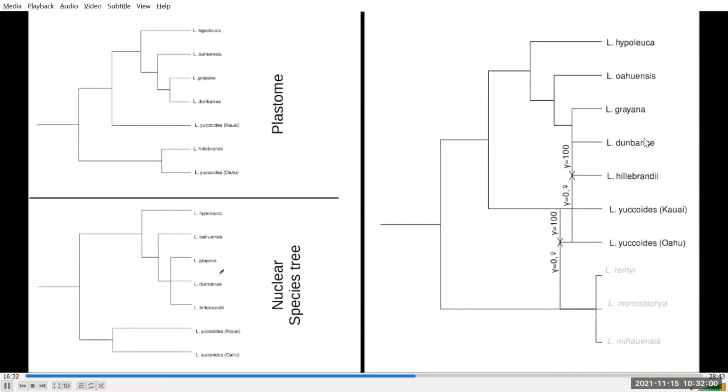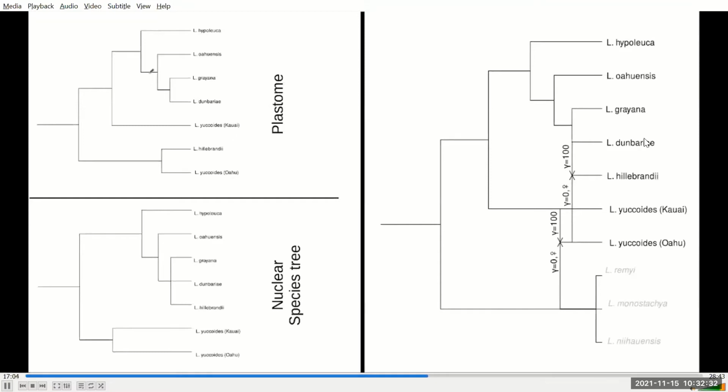And you'll see that this species tree puts the Eucoides together, and it puts Hillebrandii with the Grayana and Dunbarii. And here's the plastome tree, which we'd already seen, which put Hillebrandii with the Oahu Eucoides. And looking at this, similar to what we did with the quartet analysis, you could say, what do we need to do with these two trees to create a coherent hybrid network?